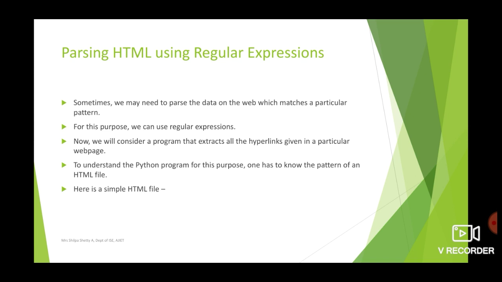In the last session we discussed, for example, that in Wikipedia some words are written in a different color, something like blue. When you click on that, you go to another page. That is a hyperlink. Or, if you are writing your email ID, sometimes it appears in a different color, say blue. If you click on that, you will go to your email. That is nothing but a hyperlink.